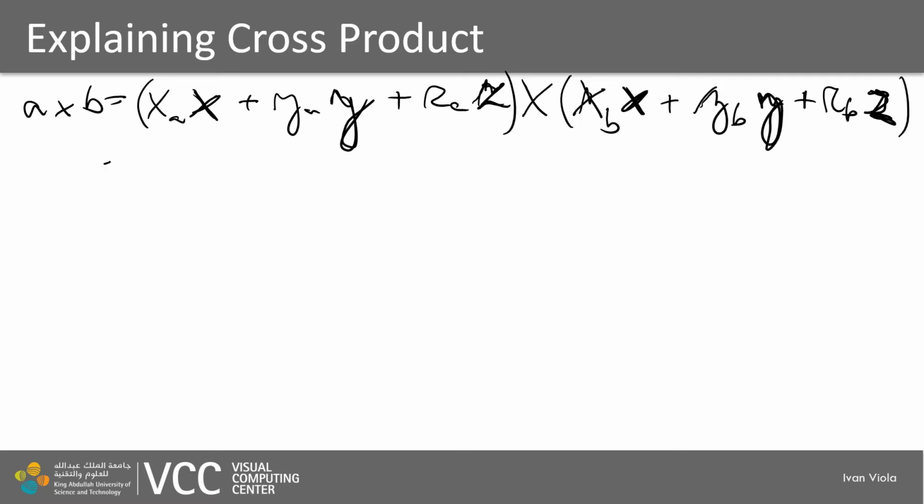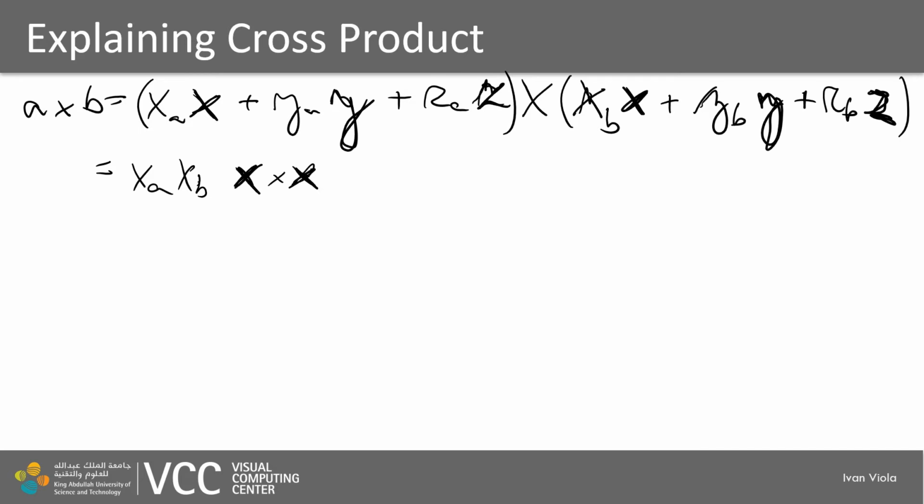Here, again, let's multiply it out, and XA XB will result in X cross product with itself, for example. Now let's have a look at what a cross product is.